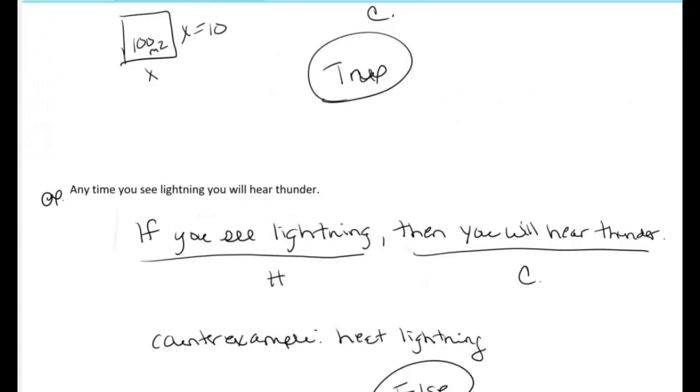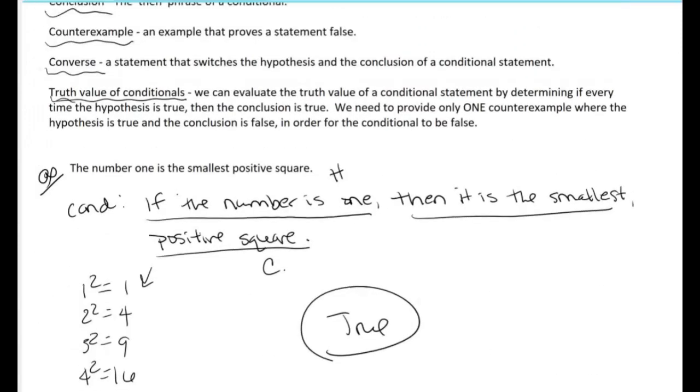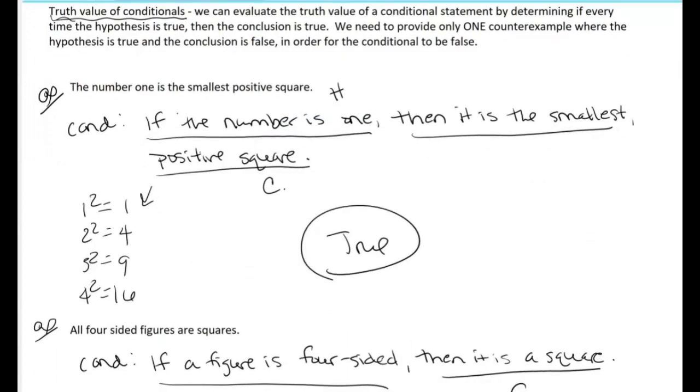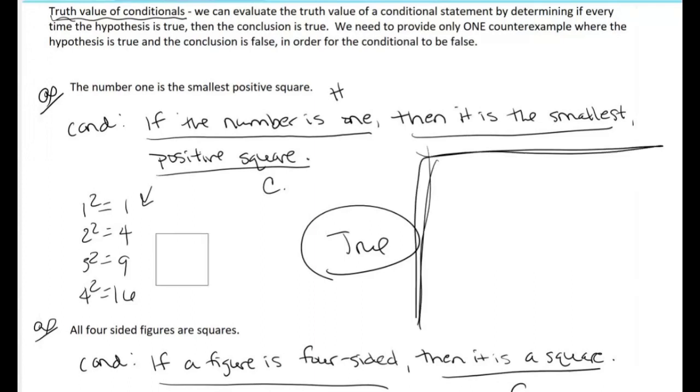All right, there's one other thing that we want to talk about, and that is writing the converse statement. So the converse statement is going to switch the conclusion and the hypothesis. All right, so in this case, I'll just draw myself a little box here. You'll have more room on your notes, I'm sure.